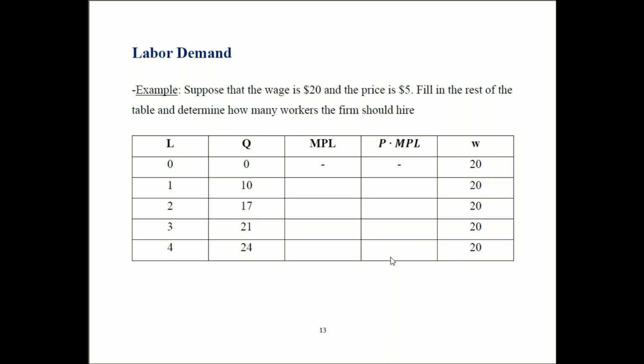Once you have that, then you can figure out how many workers the firm should hire. The price is $5 and let's say it's being sold in competitive markets, so that's not going to change either. So go ahead and pause the video, fill in the table and figure out how many workers the firm should hire, and when you're done, press play.